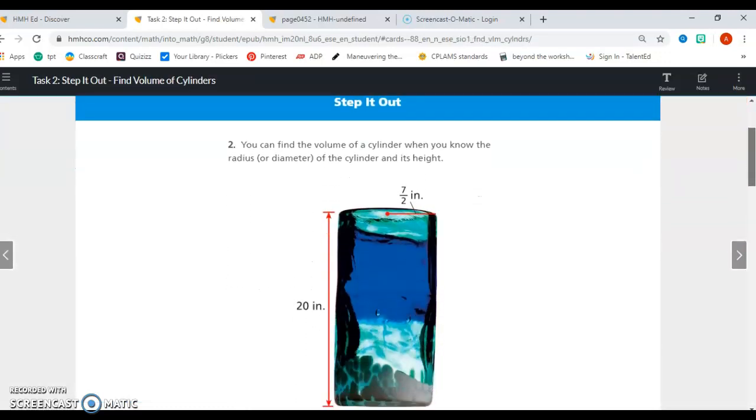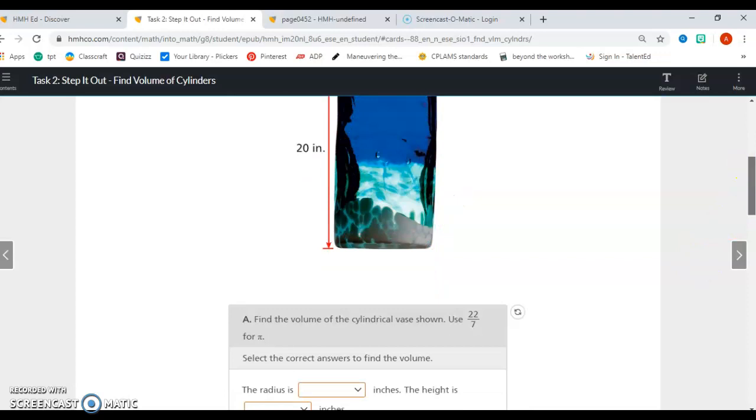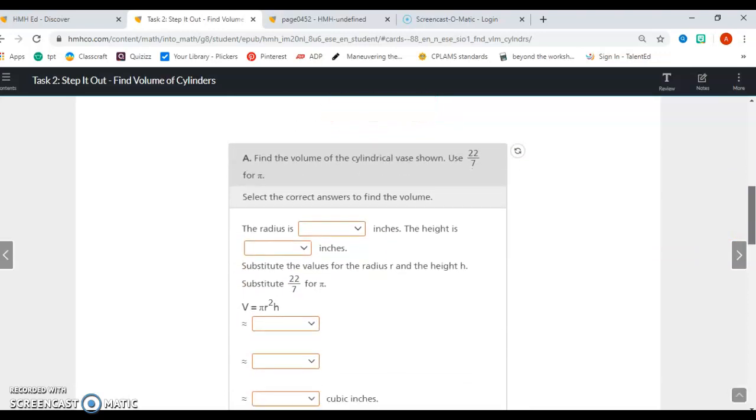Here they've given us the cylinder with a radius of 7/2 inches and our height of 20 inches. So we now have the radius and the height, and let's solve for the volume. Here they want us to use 22 divided by 7 for pi.